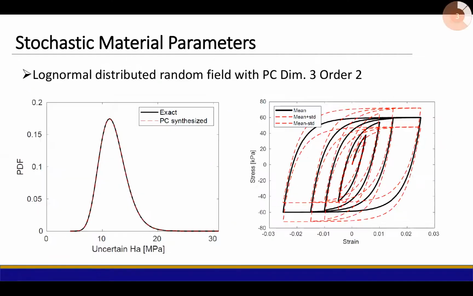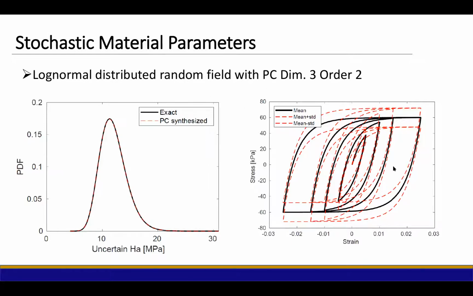Once you have all these input uncertainties, the first thing you need to do when you do your stochastic modeling is to properly characterize them using polynomial chaos. Here I'm showing you that we are checking whether our polynomial chaos representation can capture the marginal distribution of the uncertain HA parameter of the soil as the first layer.